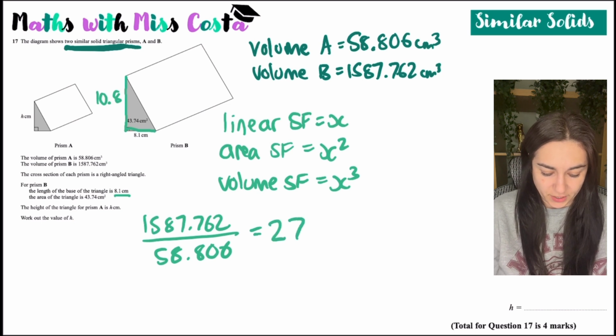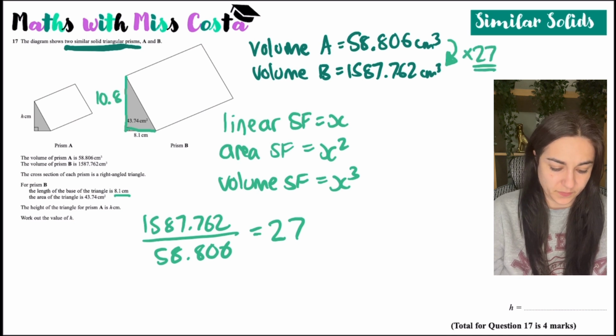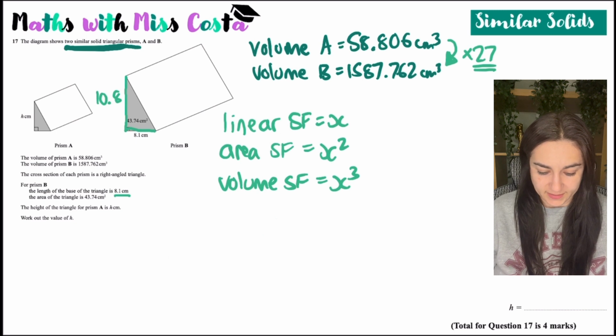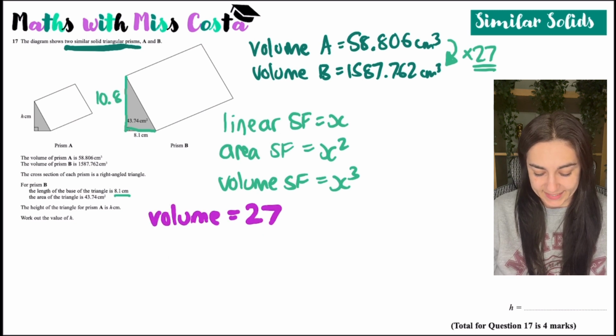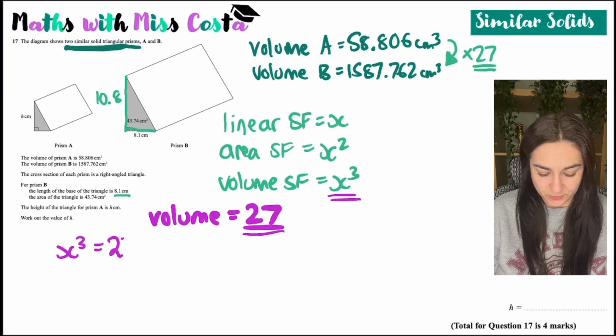Okay, so I know that to get from prism A to prism B, I multiply the volume by 27. So my volume scale factor is 27. So I know, therefore, that x cubed must be 27.